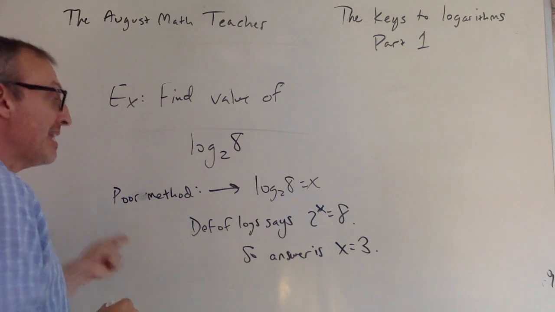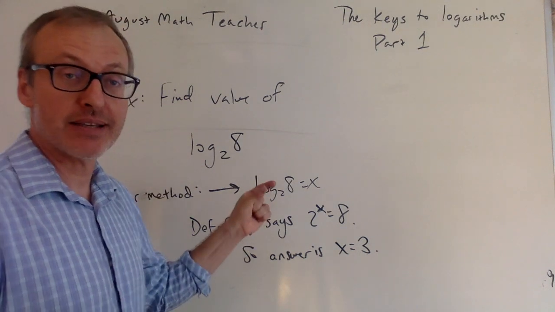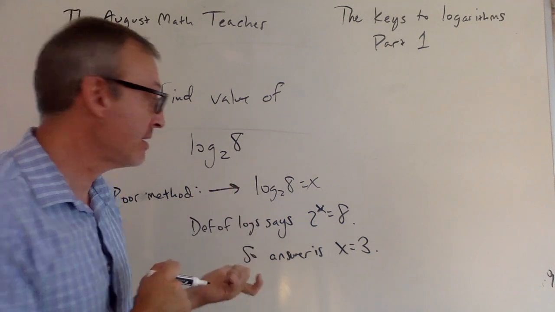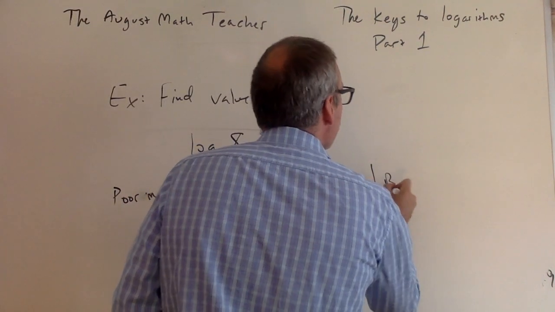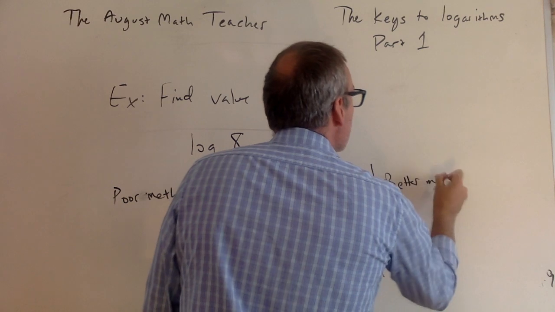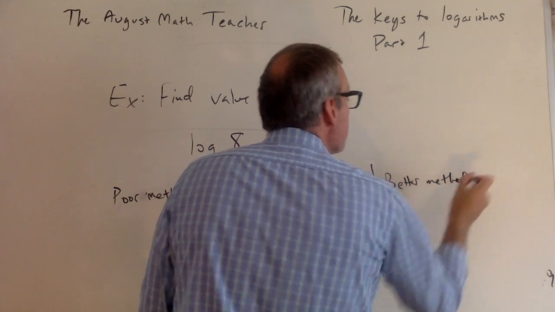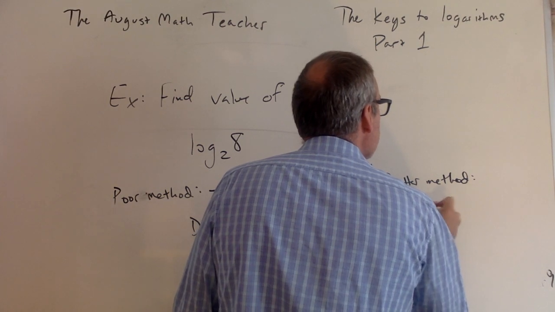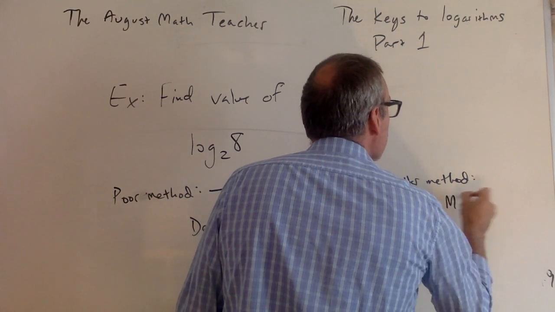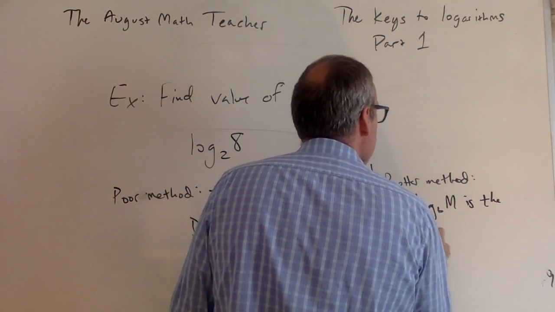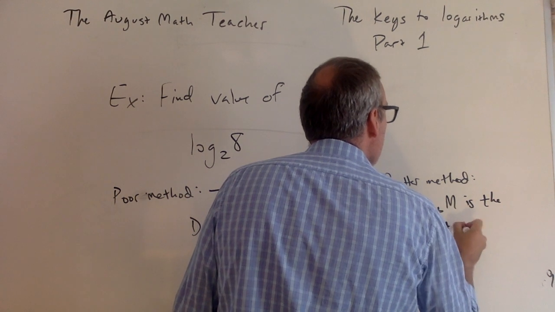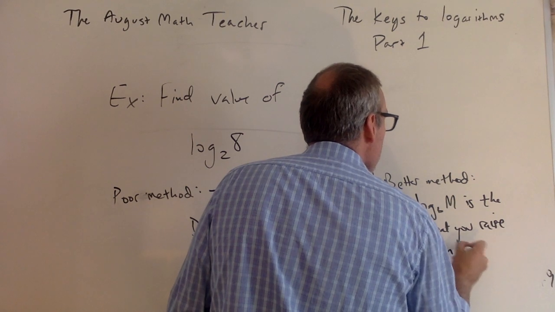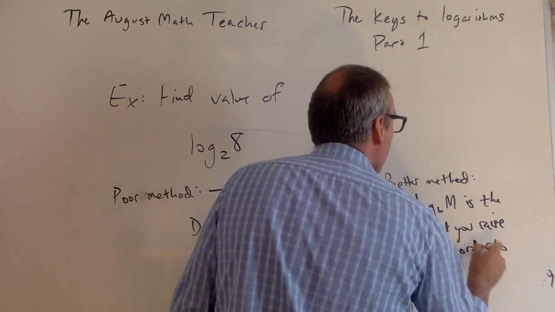But I think that is a method that has to do with memorizing where certain things fit, and it's something you're going to forget. I think a better method is to memorize this phrase. Log base b of m is the exponent you raise b to in order to get m.